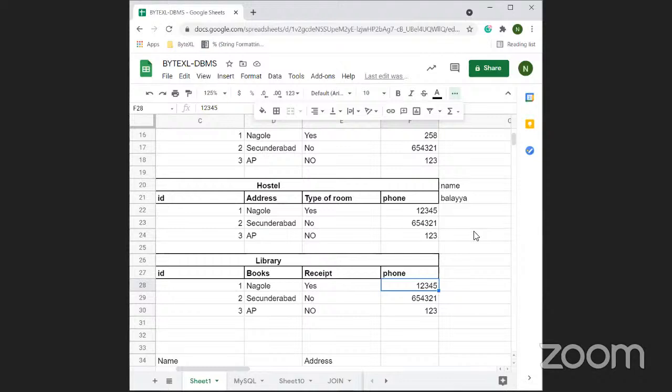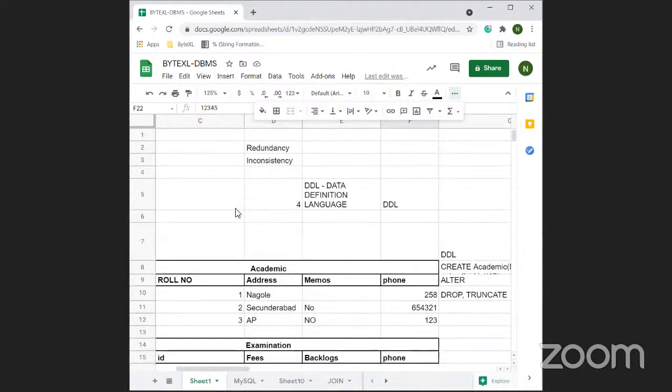But if the data is in 100 places, I only have work with 10 places at the moment. I will update my details only in 10 places. What about the other 90 places? The data is different. There is no consistency in the data. This is called inconsistency of the data.